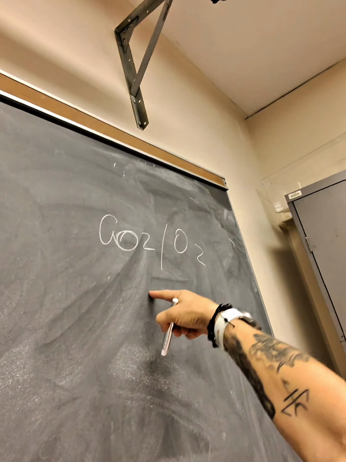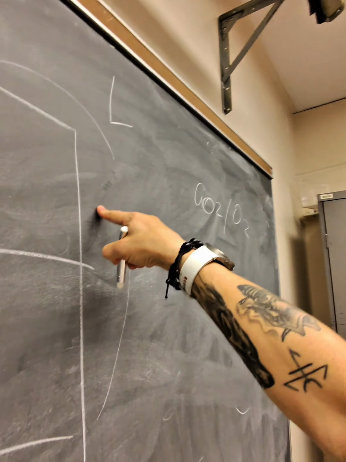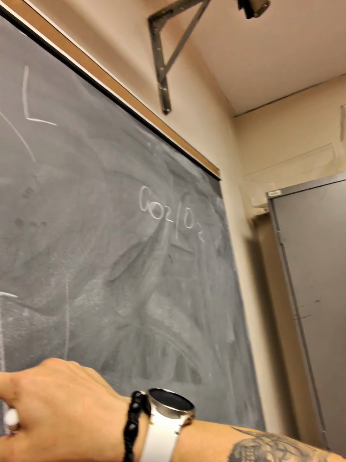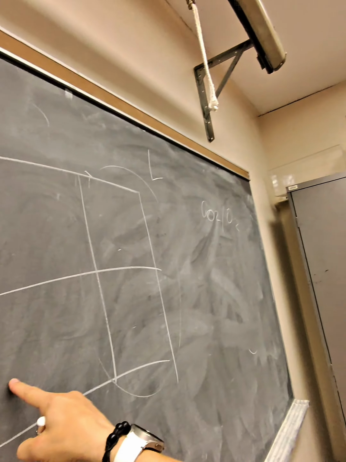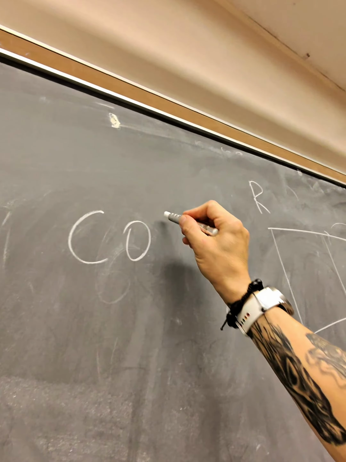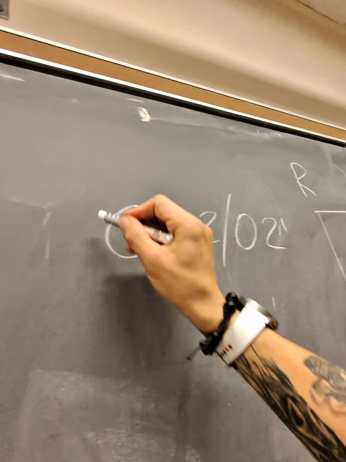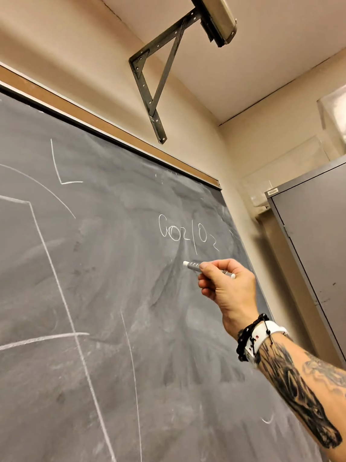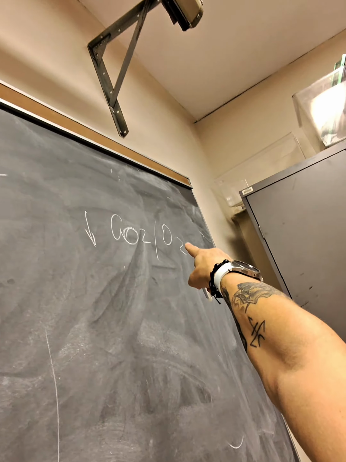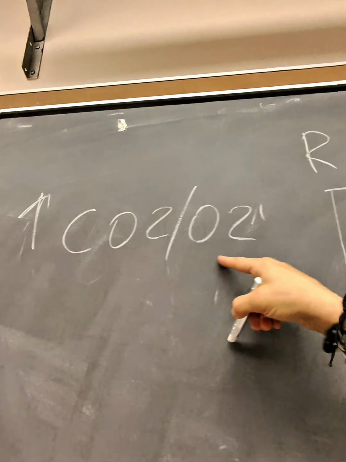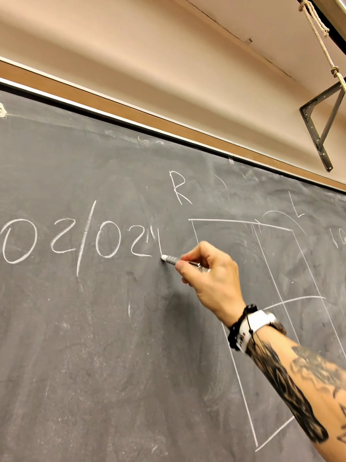When we say oxygenated side, there's more oxygen than carbon dioxide on this side. And when we say deoxygenated, there's more carbon dioxide compared to oxygen. Here is more oxygen, and here is more carbon dioxide.